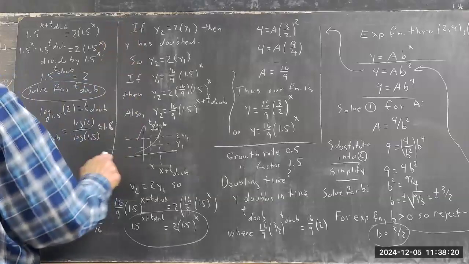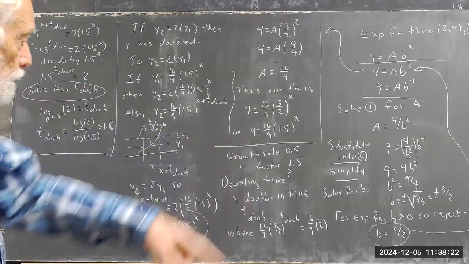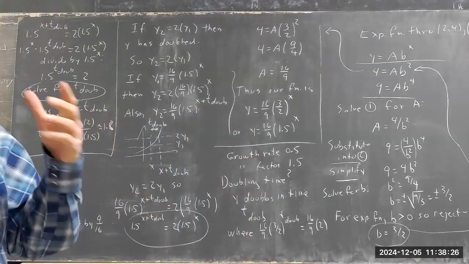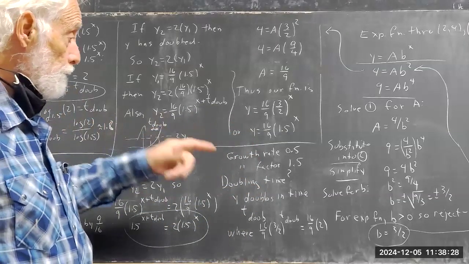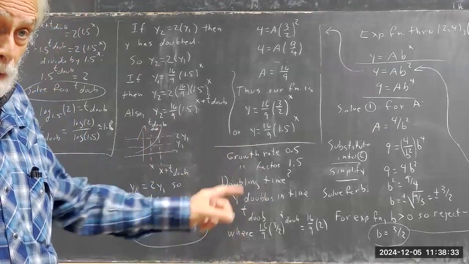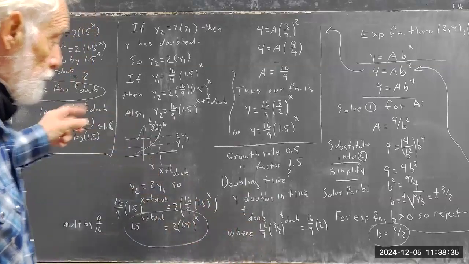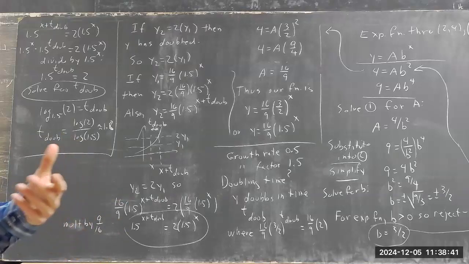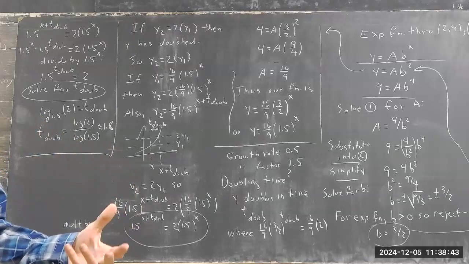Now, that takes us a little ways from our original purpose, but since we have an exponential function here, I was able to illustrate growth rate, growth factor, things they're supposed to know, doubling time, and how to solve for doubling time. Now, there's an easy way to solve for doubling time that you probably used when you did the homework.